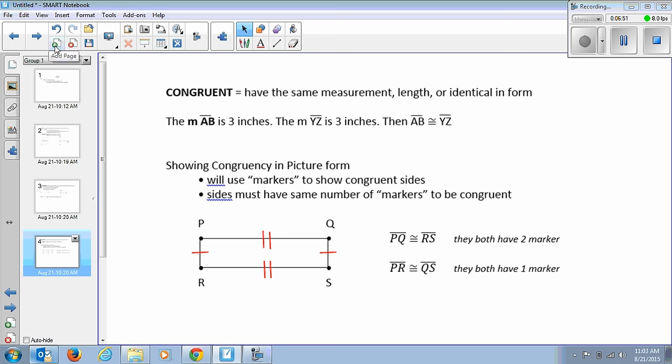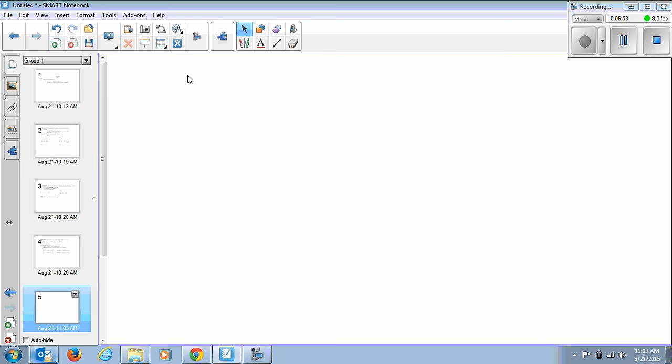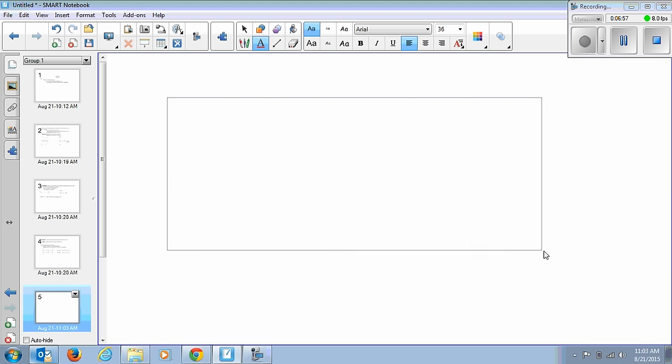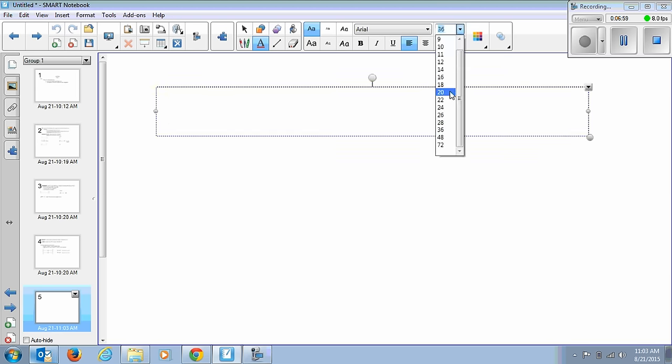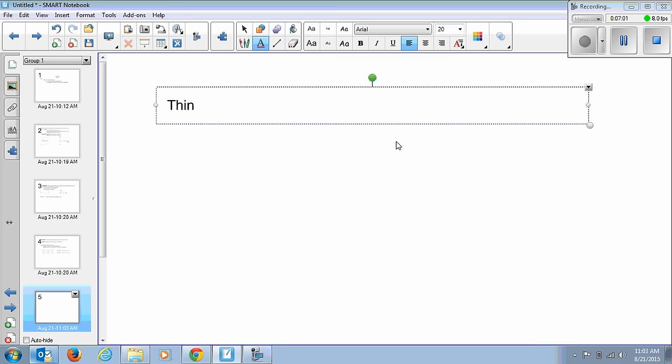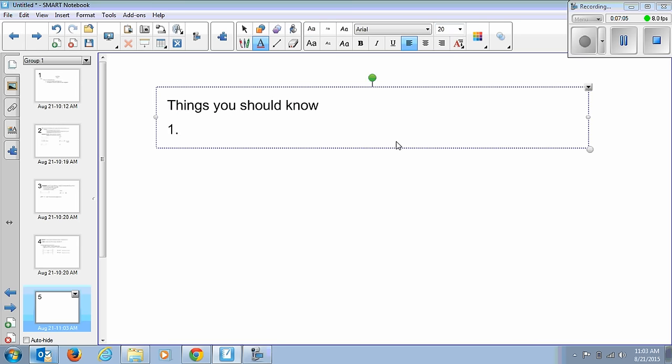All right, so a couple things you're going to need to know now that our lesson's done. The first thing that we need to know from today's lesson is how to name and draw line segments and rays.